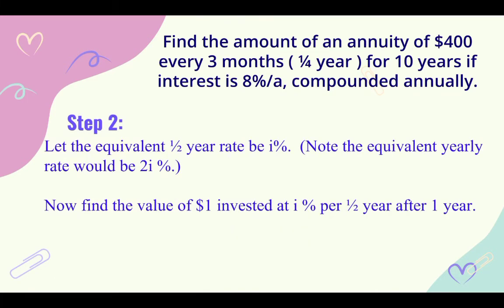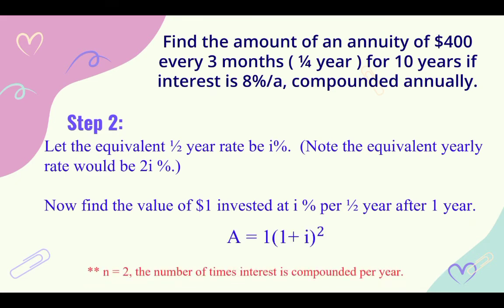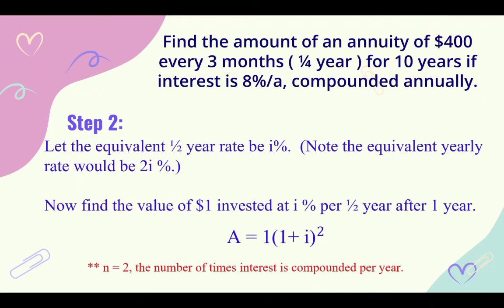Our second step: let the equivalent 1/2 year rate be i%. Now, find the value of $1 invested at i% per 1/2 year after 1 year. Note that n is equal to 2, the number of times interest is compounded per year.